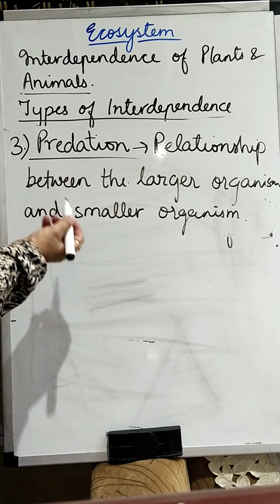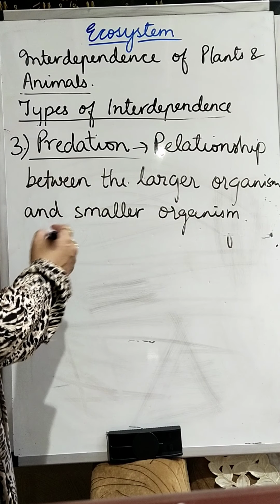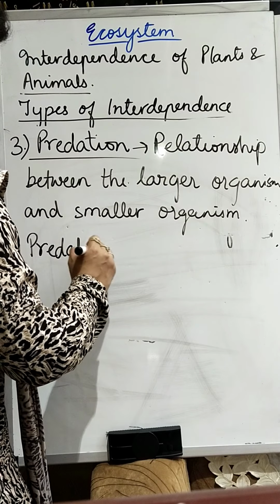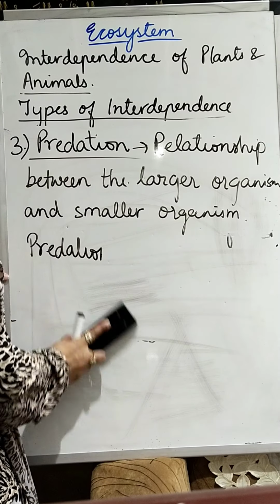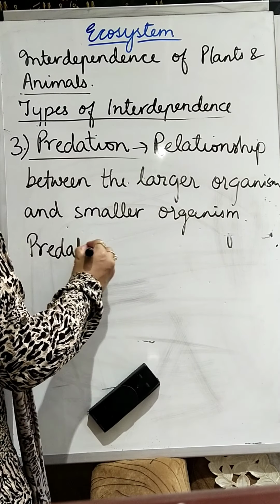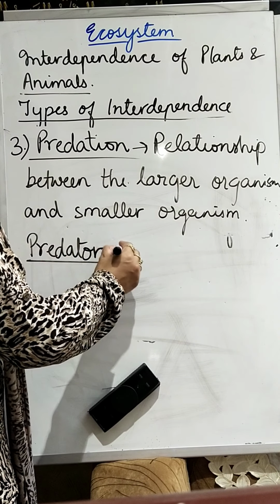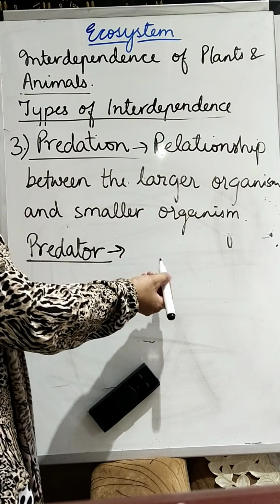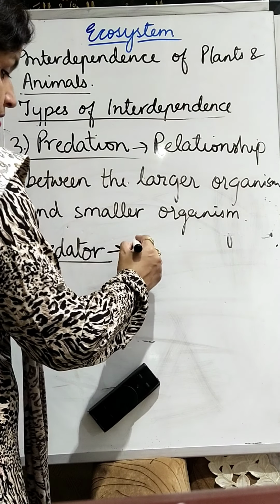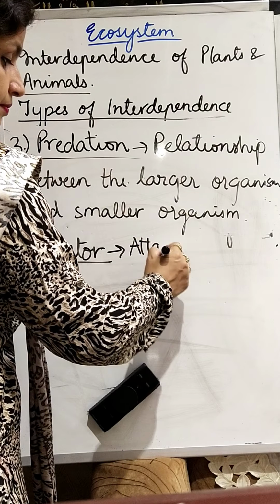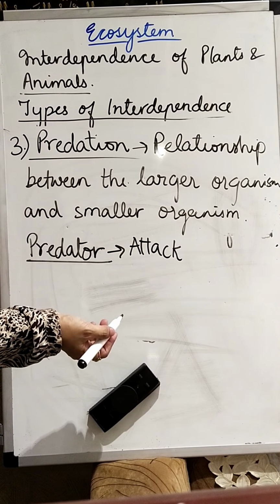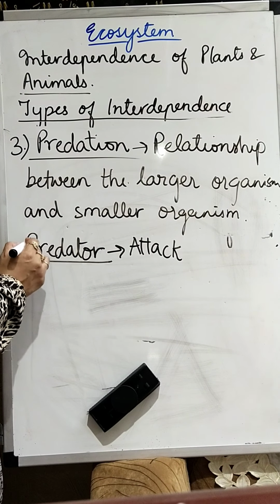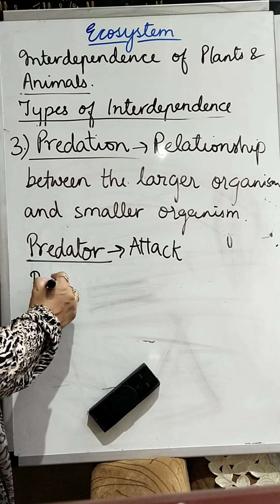Here the organism that attacks is called the predator. The organism that attacks a smaller organism for its food is called a predator, and the smaller organisms that are attacked or killed by these predators are called prey.